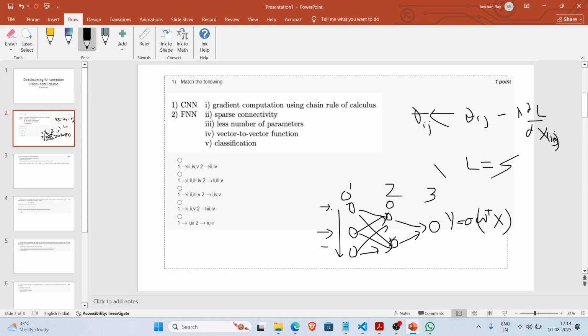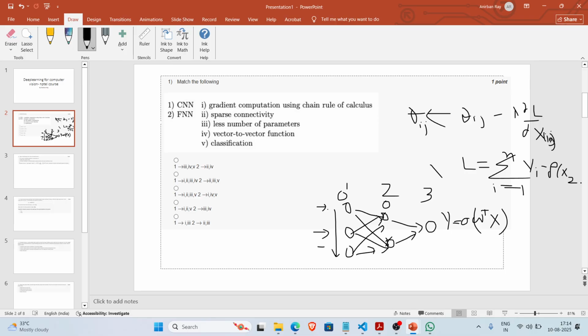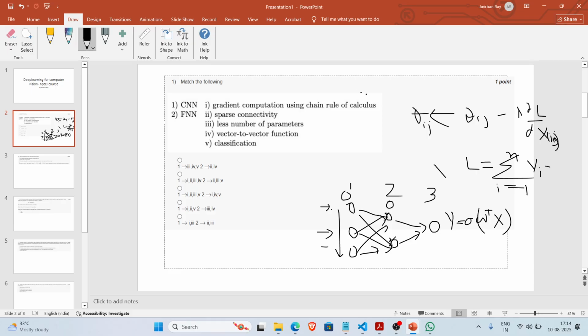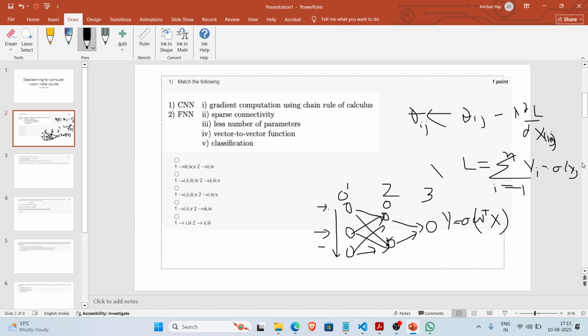Suppose there are n samples, i equals 1 to n, what you have to do is take the output yi minus the output of the neural network, which is sigma x3, let's say.